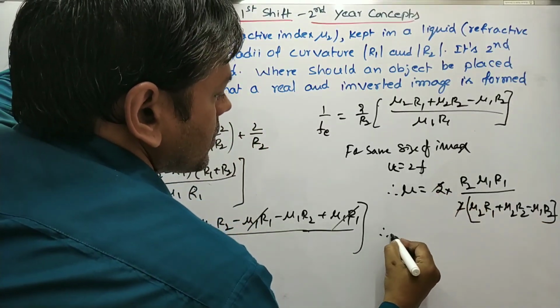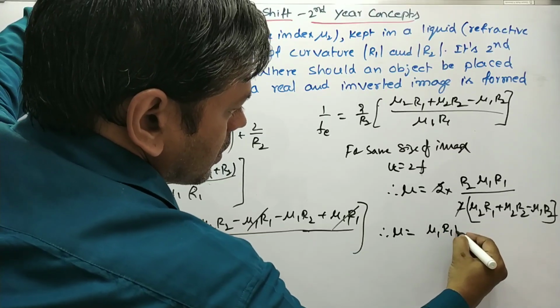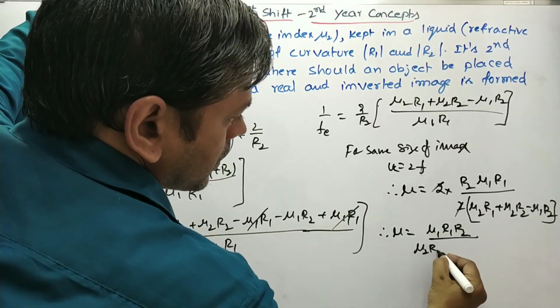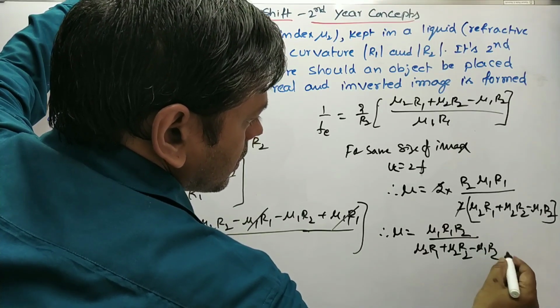The 2s cancel. Therefore U is equal to mu1 R1 R2 by (mu2 R1 plus mu2 R2 minus mu1 R2).